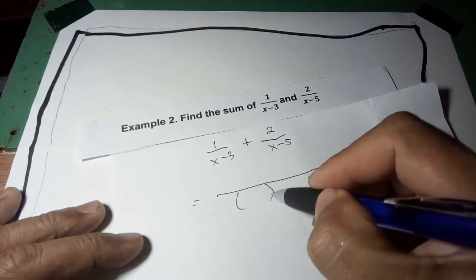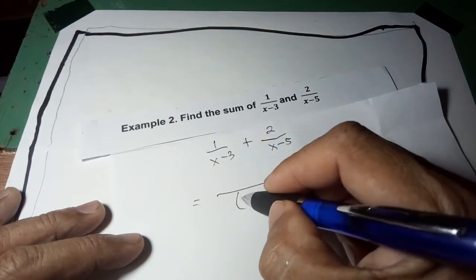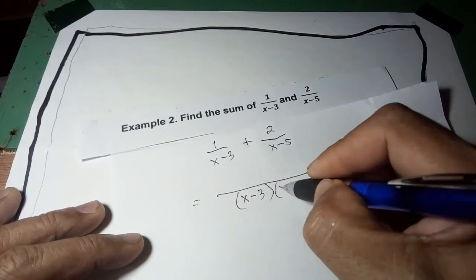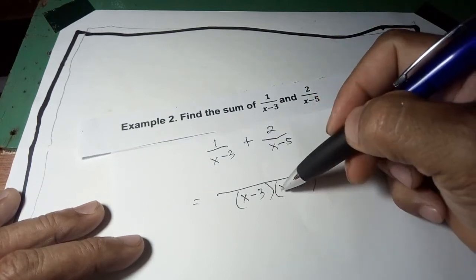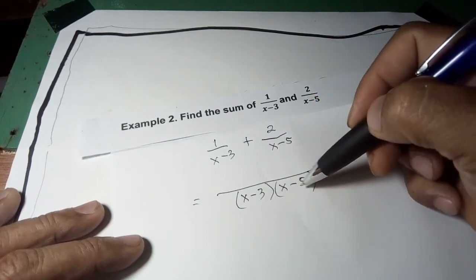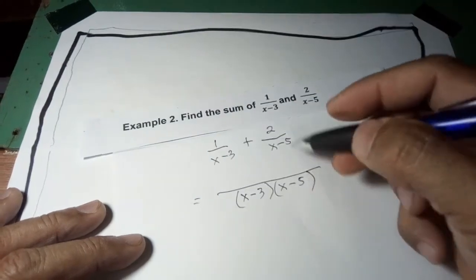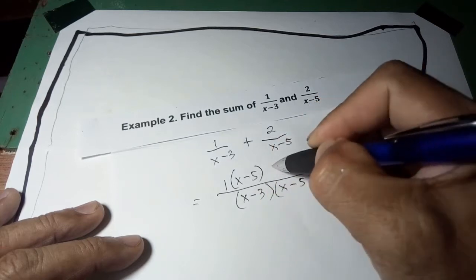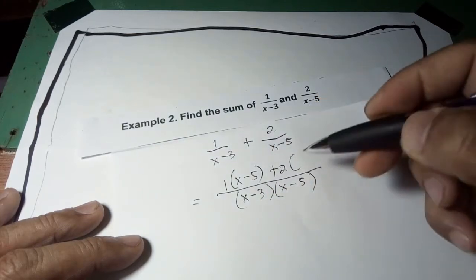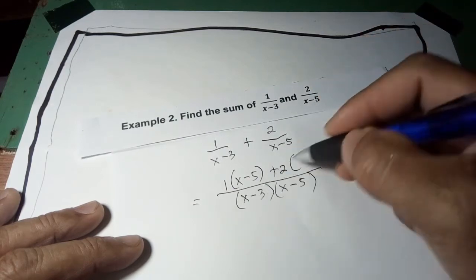So our LCD is composed of these two denominators, x minus 3 times x minus 5. Divided by x minus 3 is x minus 5. So 1 times x minus 5 plus 2 times the LCD divided by x minus 5, the result is x minus 3.